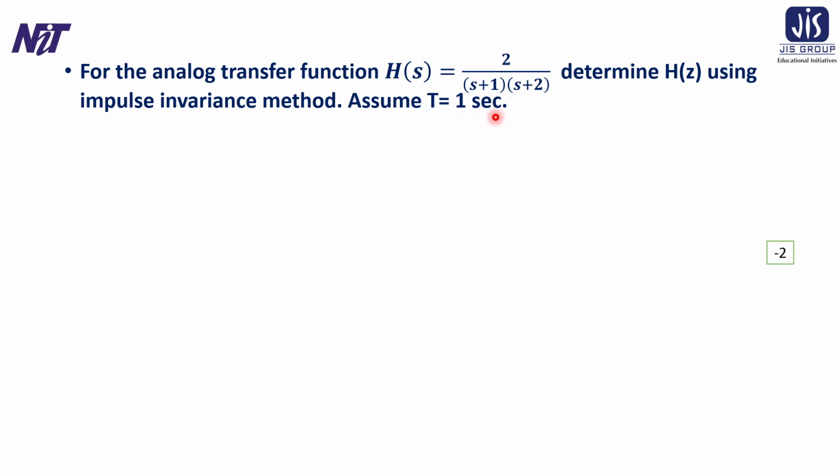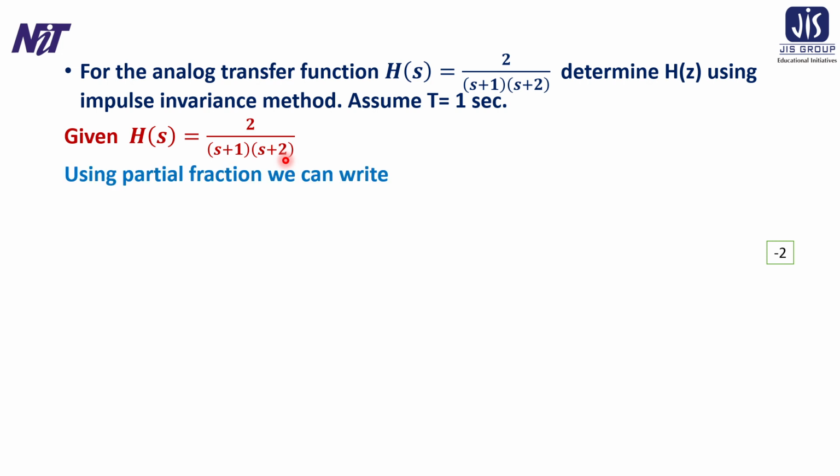So it is given that H(s) equals 2 by (s plus 1) into (s plus 2). Now, I want to express this in the form H(s) equals the summation of k equals 1 of ck divided by s minus pk, that is, the analog filter transfer function as the sum of single pole filters.